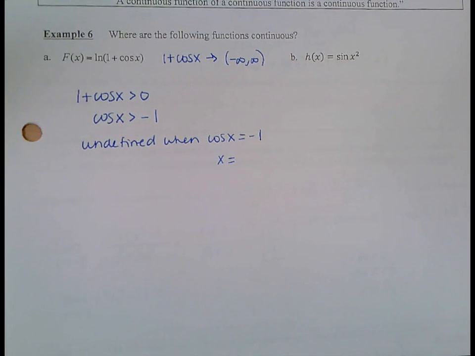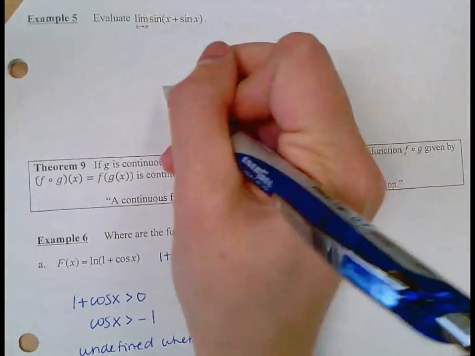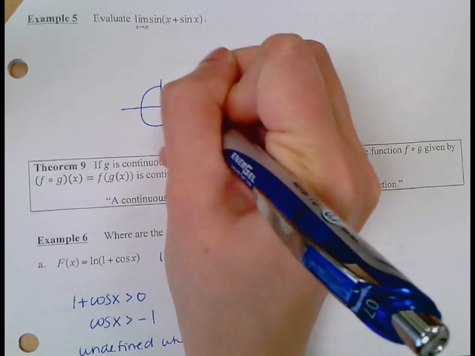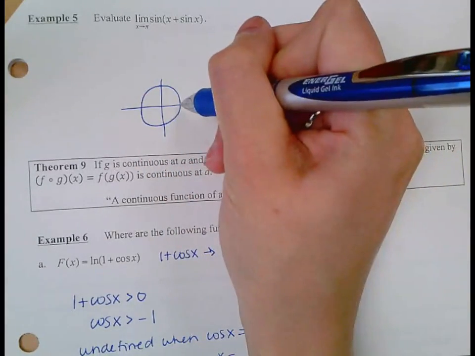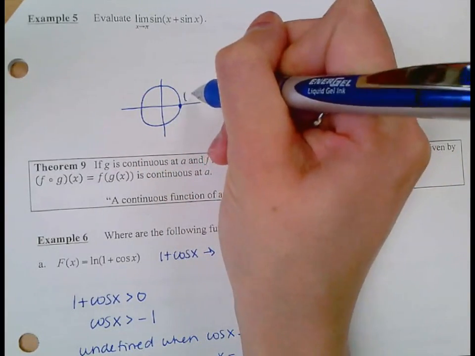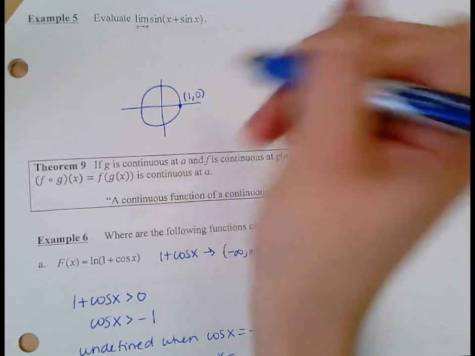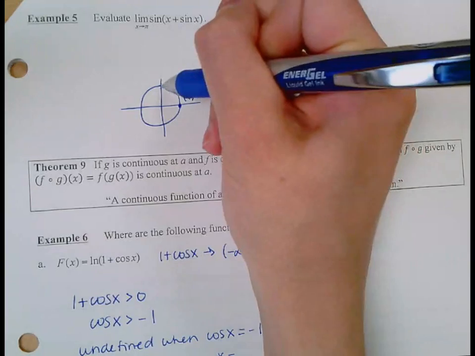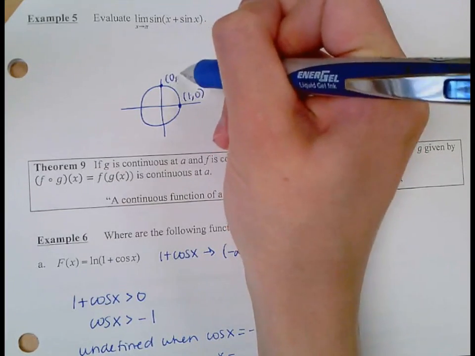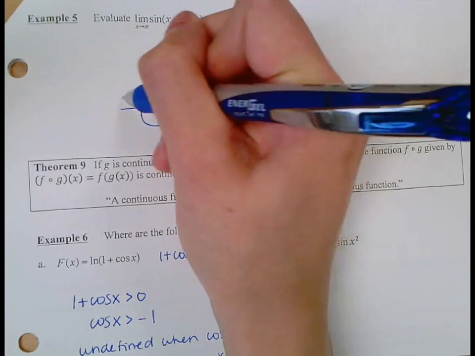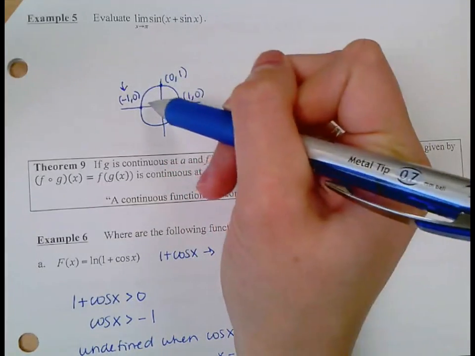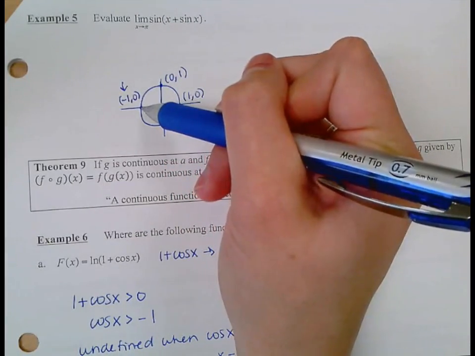So just so it's included on here, I'll just draw this up here. Thinking of the unit circle, this would be the ordered pair 1, 0. Remember, cosine of the angle is your x value, and then sine. This is 0, 1. This is -1, 0. So this is the angle at which cosine is -1.